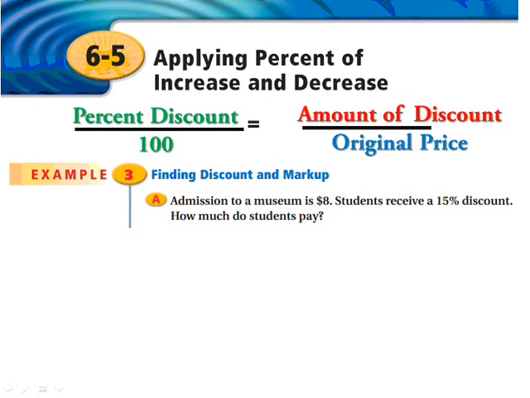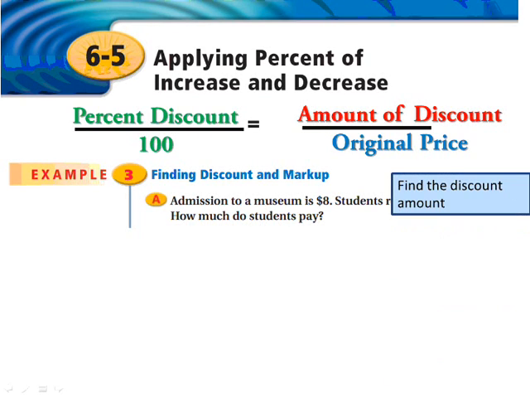We first need to find out how much that discount is before we can find out how much the students will pay. The discount is the amount that is deducted from the $8 normal price. So let's find the discount amount. We can do that by setting up a proportion, filling in the information we do know, and using a variable to represent the amount we don't.